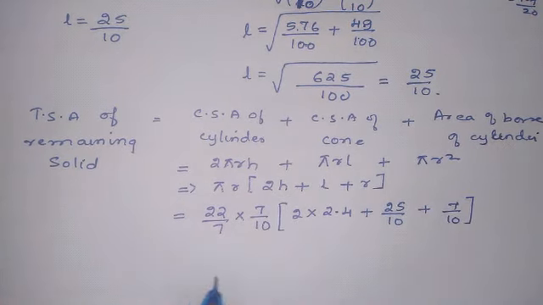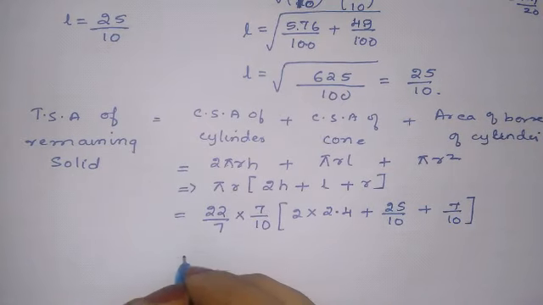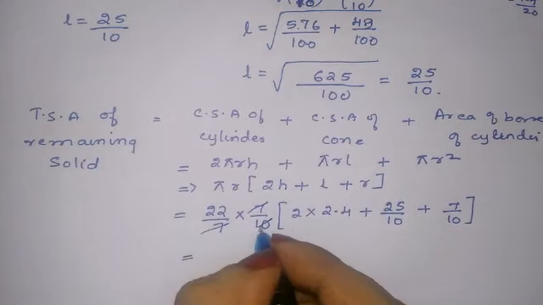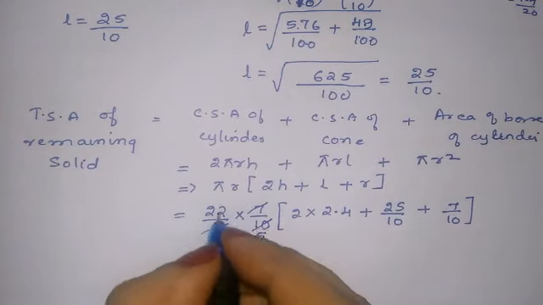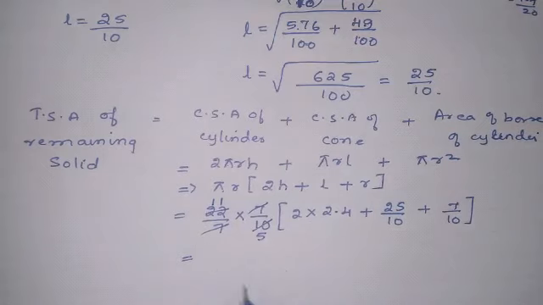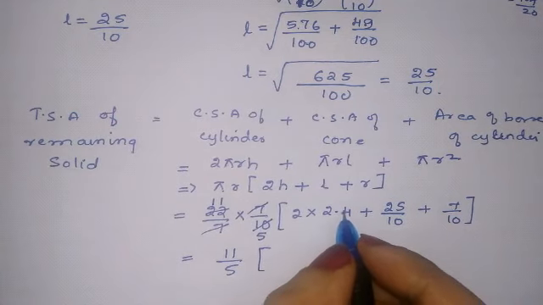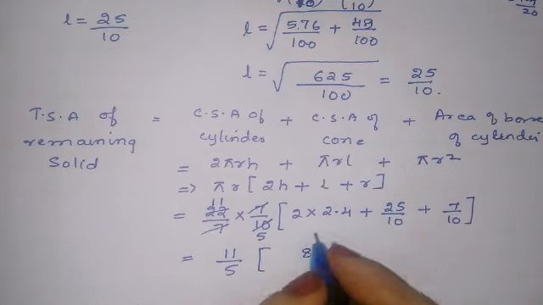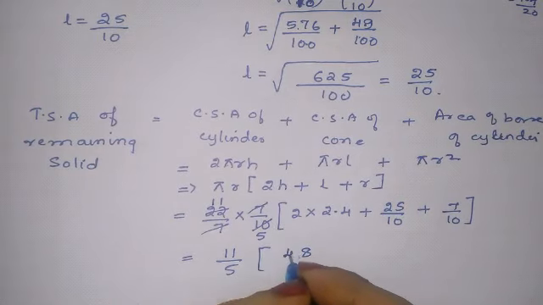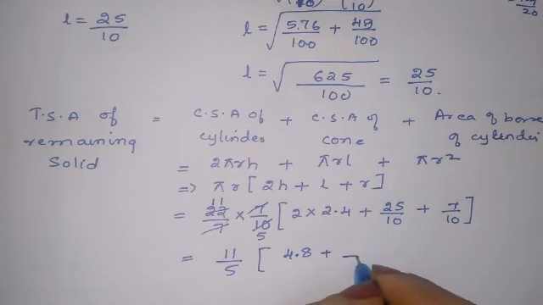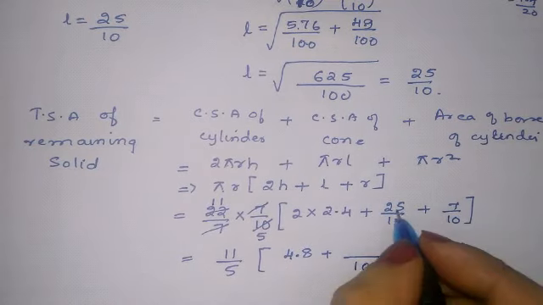Let us remove the decimal here. 7 gets cancelled, 2 5s are 10, 2 1s are 2, 11 by 5 is remaining now. 2.4 into 2: 2 4s are 8, 2 2s are 4, 4.8 we got. Then the denominator is the same, as it is.